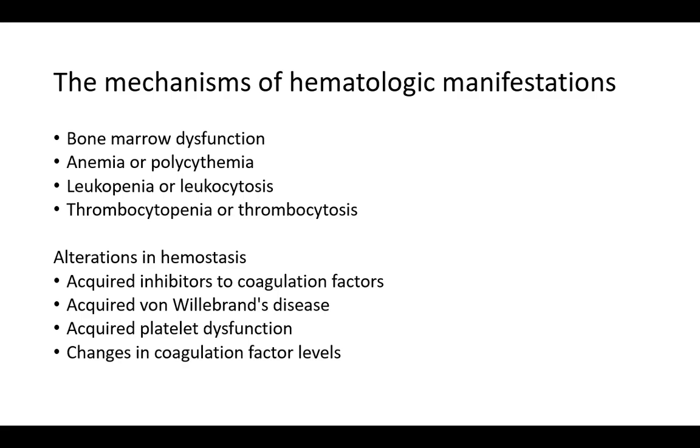So either an increase or decrease in the number of red cells. Also, you may see changes in the hemostatic parameters, such as acquired inhibitors to coagulation factors, acquired von Willebrand's disease, platelet dysfunctions, and changes in the factor levels in different diseases.